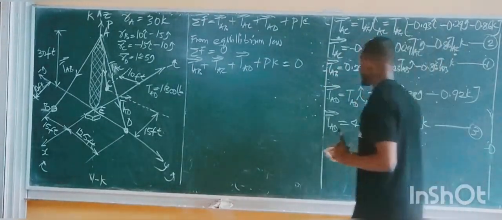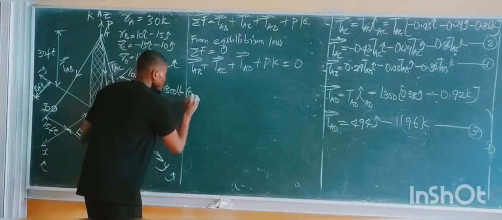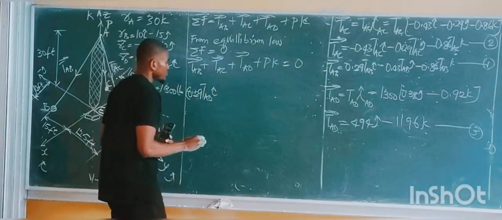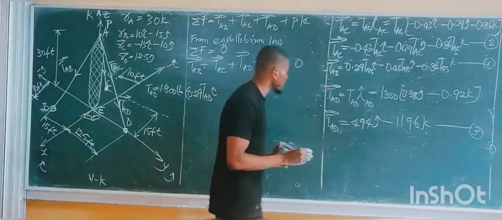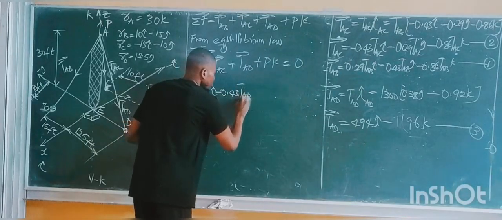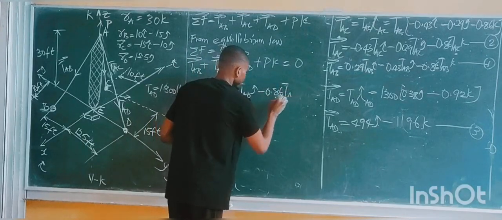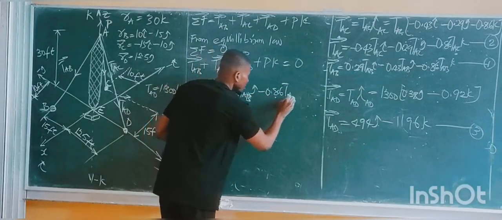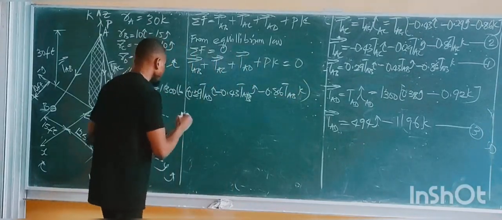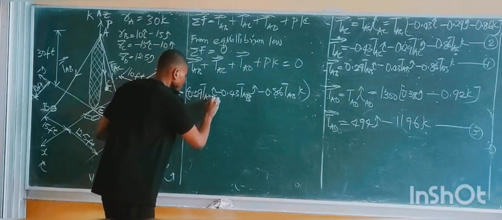So for AB we have 0.29 TAB in the I direction, minus 0.43 TAB J, minus 0.86 TAB K. That is the first tension, TAB.